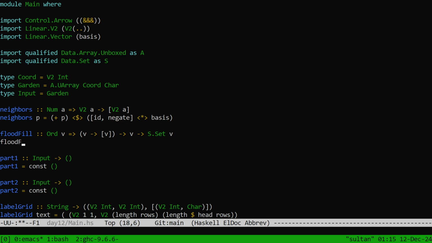So flood fill of edges V? Start? Call it S. It would be capital S in math, but you're not allowed in Haskell, so we use a lowercase s.